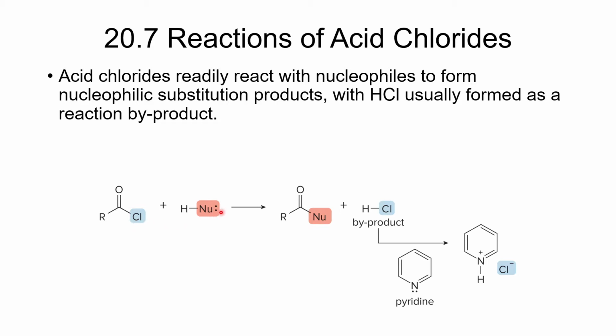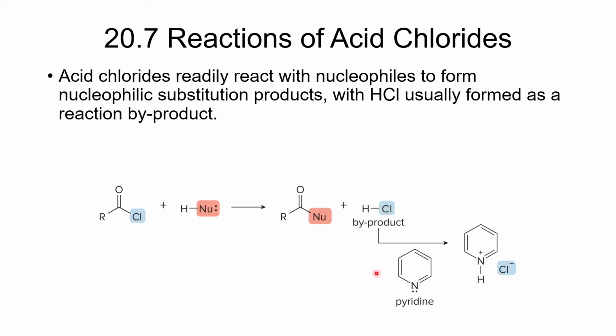So we can have the nucleophile come in and react with the carbonyl compound, and in doing so, it will give HCl as a byproduct, or chloride in some cases.